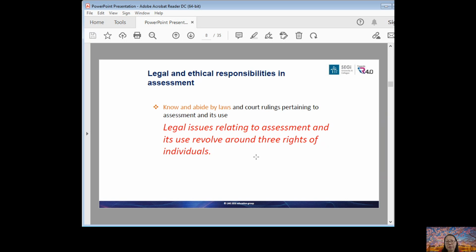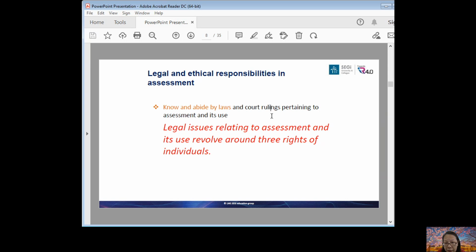Legal and ethical responsibilities in assessment. Know and abide by the law, the court rulings pertaining to assessment and its use. Legal issues relating to assessment and its use revolve around 3 rights of individuals. What are the 3 rights of individuals?